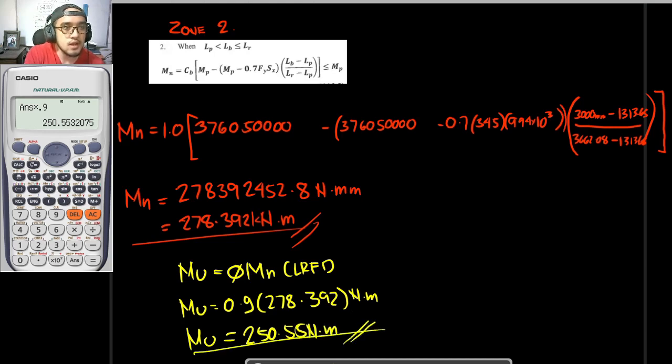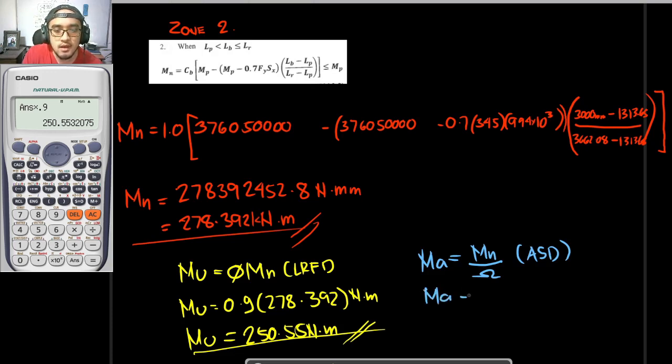And as for the allowable strength, Ma, that is Mn divided by omega. So ASD. Solving for Ma, or the allowable flexural strength, that is 278.392 kilonewton meter divided by our value for omega, which is 1.67.